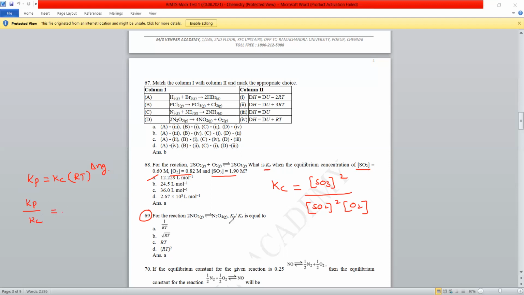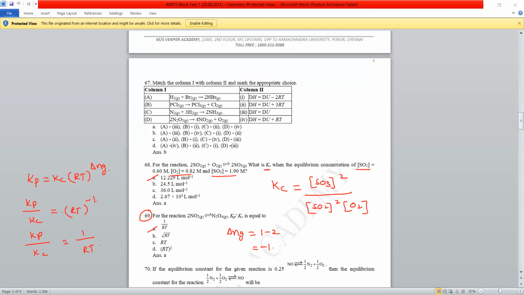In this case, del Ng equals 1 minus 2, which is minus 1. So RT power minus 1, and Kp by Kc is nothing but RT inverse, that is 1 by RT. So the answer should be A, the correct one.